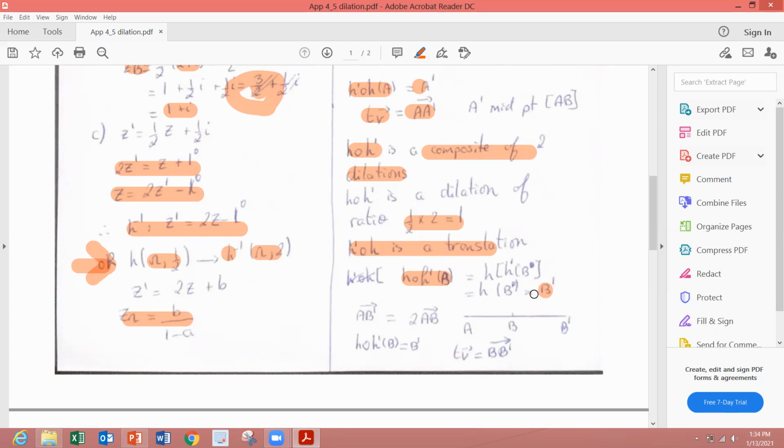What does it mean that the image of B by H is B prime? H has center A, and the ratio is 2, meaning AB prime equals 2AB. I called it B prime; you can call it any point.